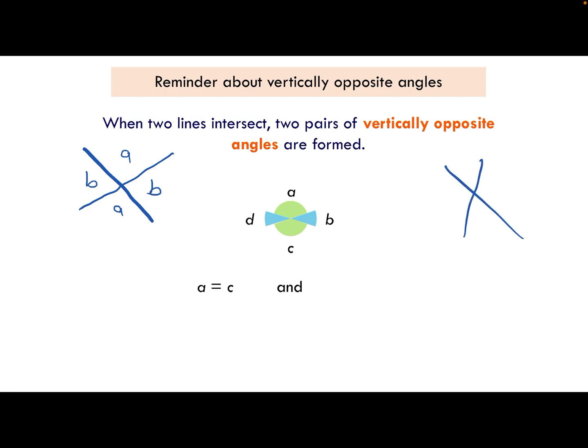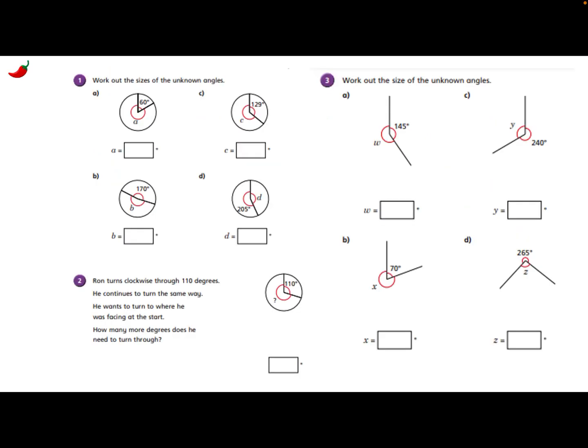Doesn't matter how I draw it. Where two lines cross, we call this an intersection. Think about it in a road, what Americans call a T-junction, don't they? Call it an intersection. There we go. Vertically opposite. It's just a helpful tip.